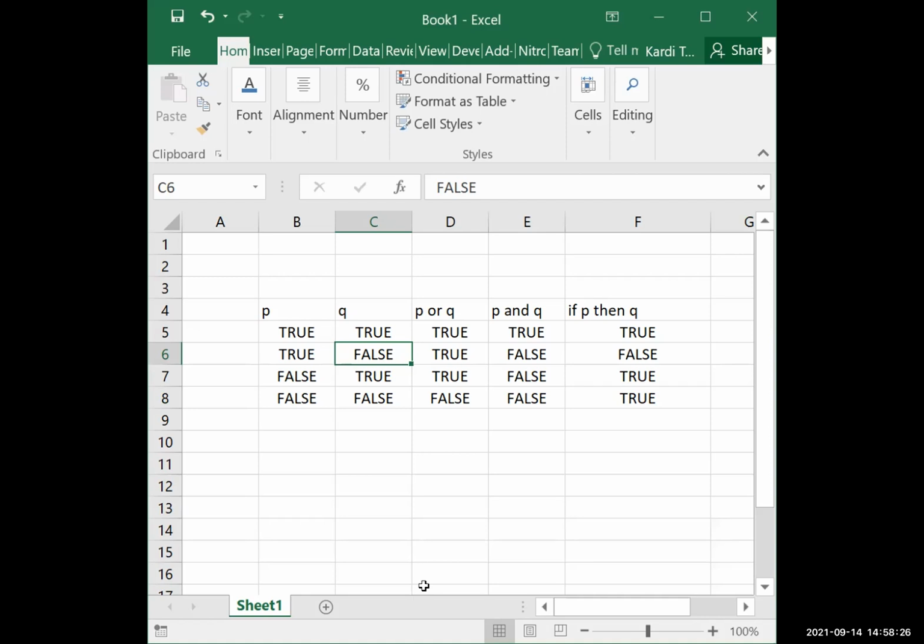So when your premise is false and the conclusion is true, or your premise is false and your conclusion is false, then that argument is still true.